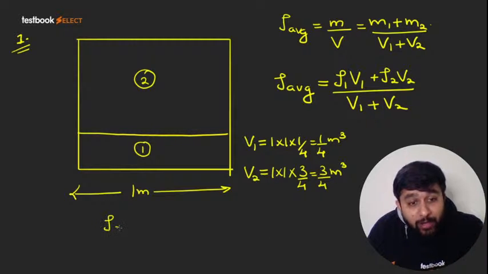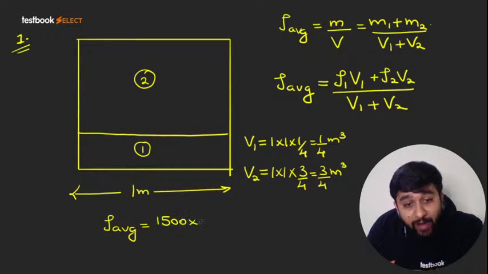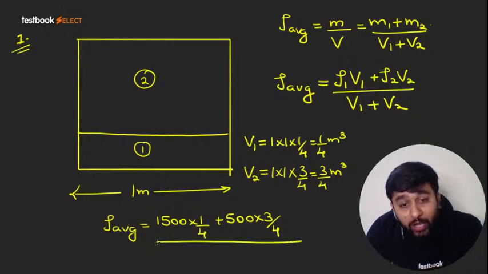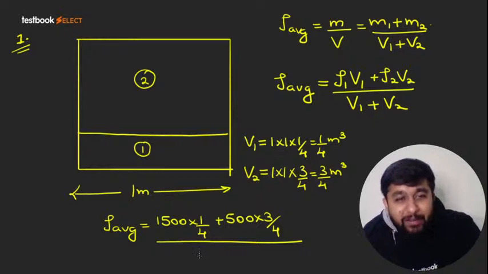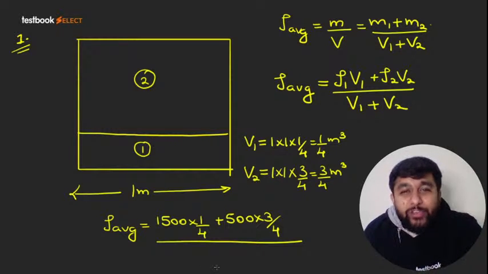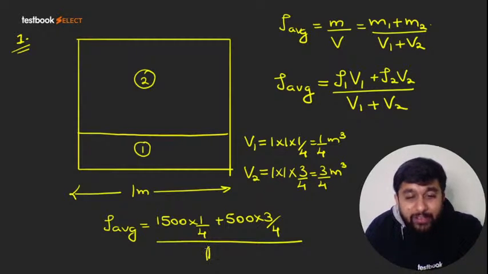So when you put the values, rho average is equal to 1500 into 1 by 4 plus 500 into 3 by 4, divided by total volume. Total volume is nothing but the entire volume of the cube, that is 1 meter cube. So what we are doing, we are finding out the average density of the solid body.